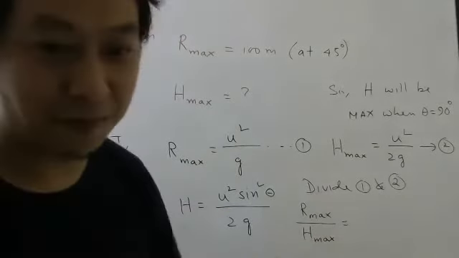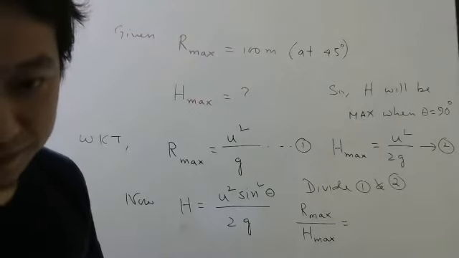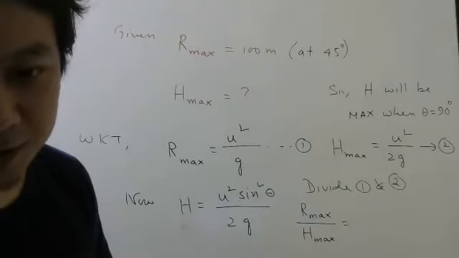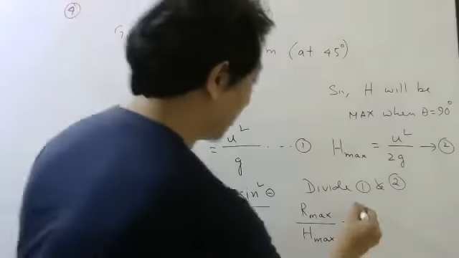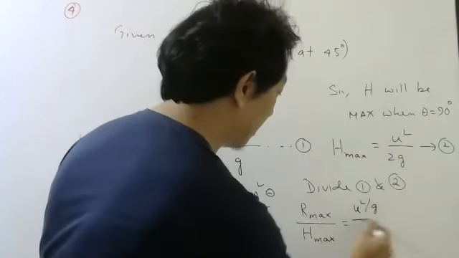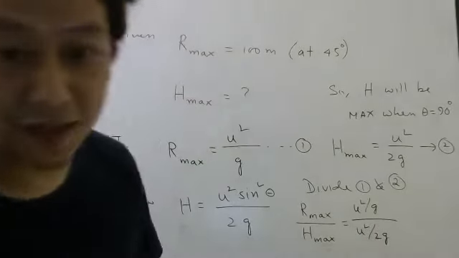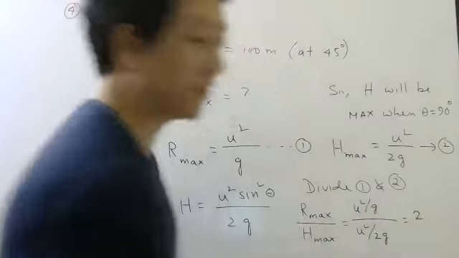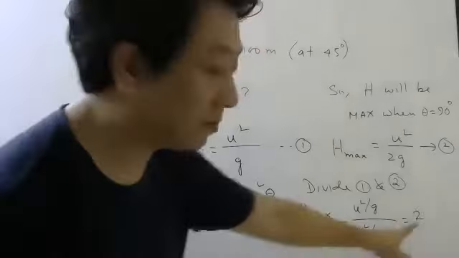Put the values, check properly. What is the formula for R maximum? U square by G. And this is U square by 2G. So everything will cancel. 2 will go in the numerator.